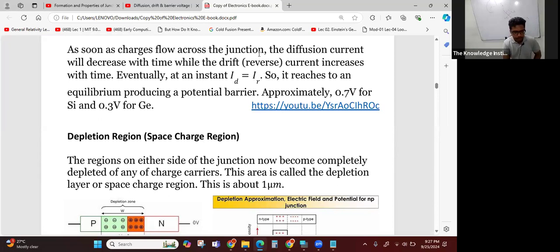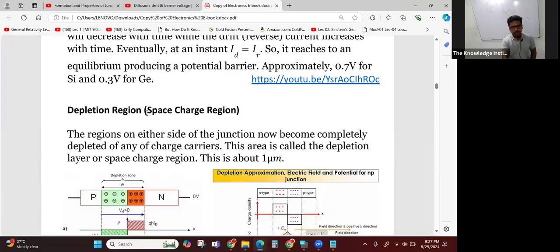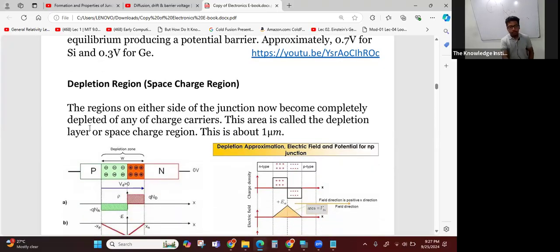Okay, so the next topic, depletion region or space charge region. The region on either side of the junction now becomes completely depleted of any charge carriers. So depleted means there are no charge carriers, empty. Like "Atugala Dana" in Sinhala, it's like you're removing something out of it.